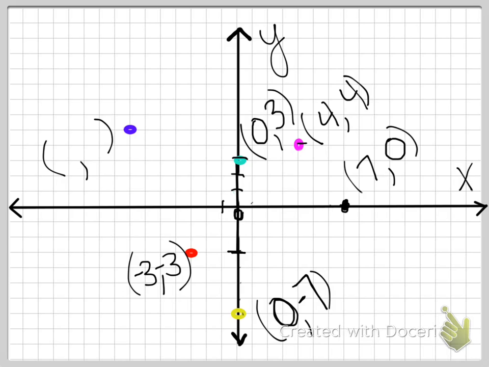So we are 1, 2, 3, 4, 5, 6, 7. Apparently I liked 7. So left 7 means it's a negative 7 here. And then we go up 1, 2, 3, 4, 5. So that's a positive 5 that we mark there.